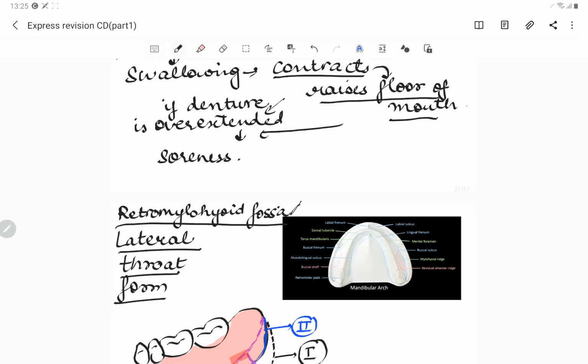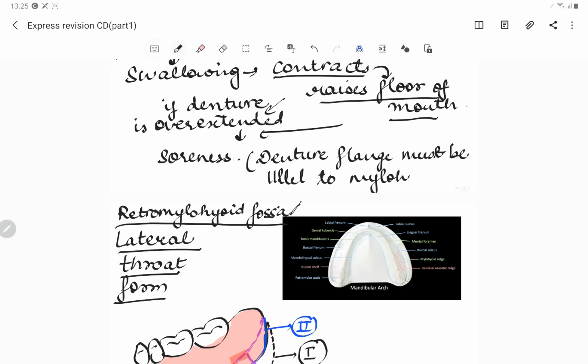So when this mylohyoid muscle is contracted, the denture flange must be parallel to the mylohyoid muscle, right.